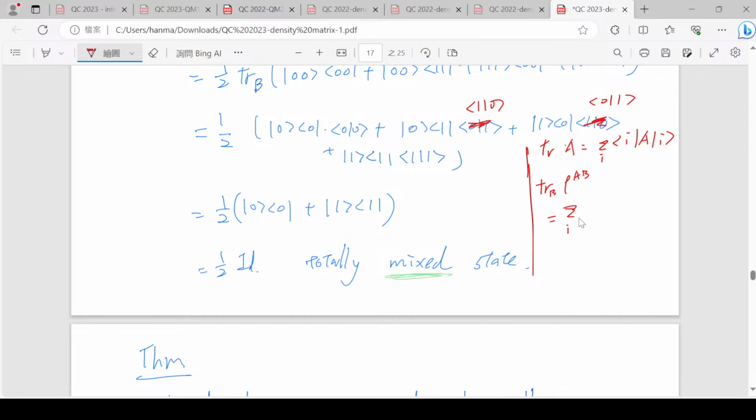I guess I should write it this way. So this is what we allow: the identity on A tensor the bra <i| on B, then row AB, and the identity on A tensor the ket |i> on B. It's a really weird thing.